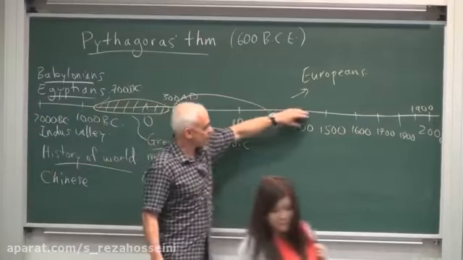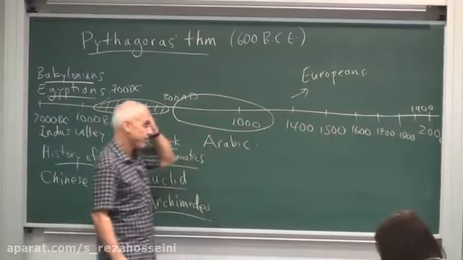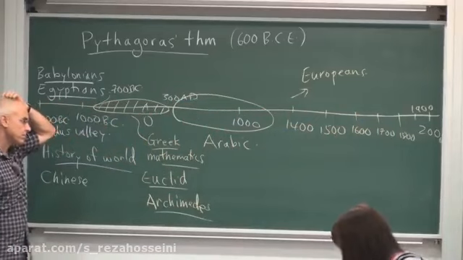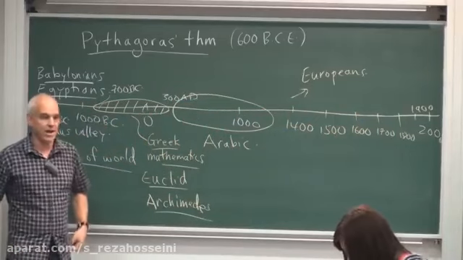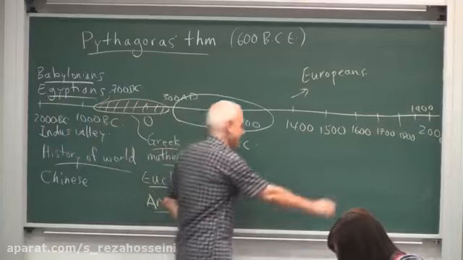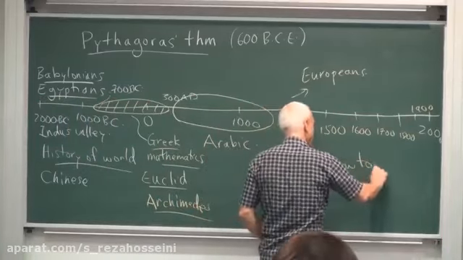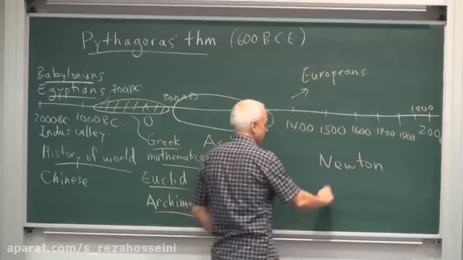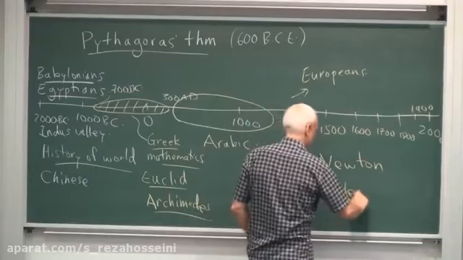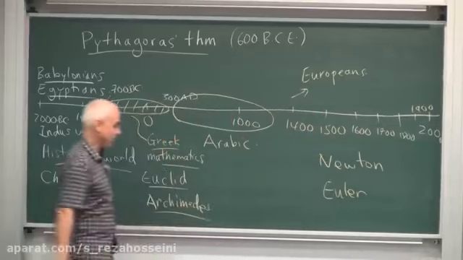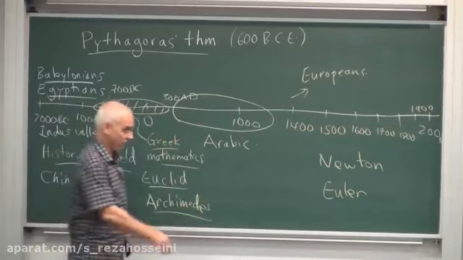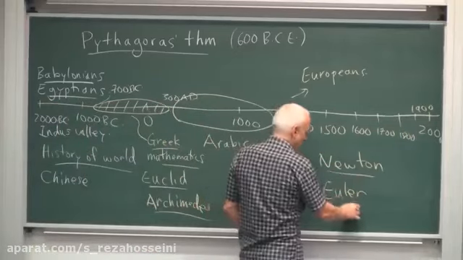And then there was this great flowering of mathematics with many important names. But if we had to name the most important names, I would say that they were Newton and Euler. If I had to name the top two, I would say they're the most important scientific figures of the modern era.